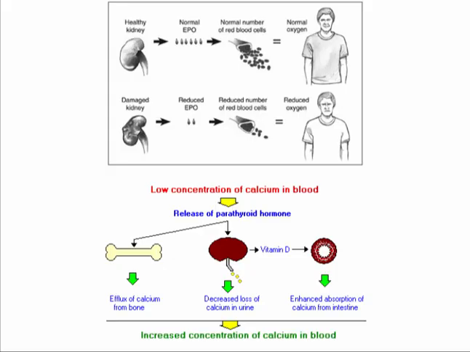This is just another image to go with it. Like I mentioned before, if they have a damaged kidney, they have decreased erythropoietin, and then they end up with a decrease in red cells, which will put them into an anemic state. So it's not uncommon for patients with chronic kidney disease to have anemia. Low concentration of calcium in the blood is where your parathyroid kicks in.